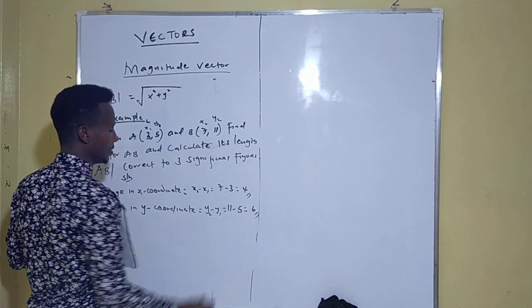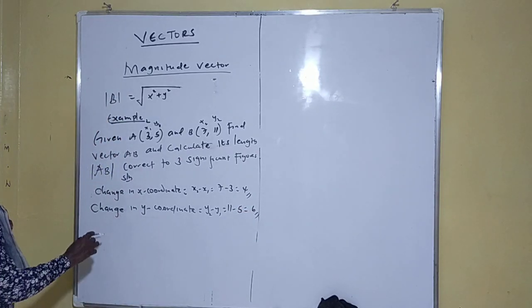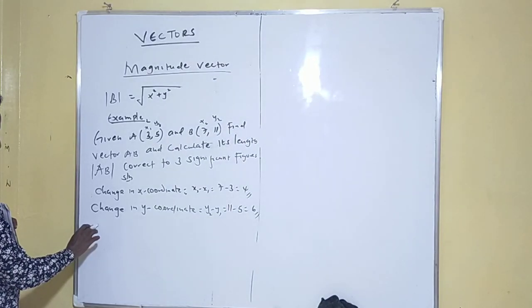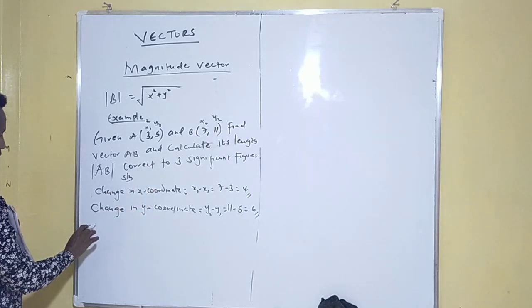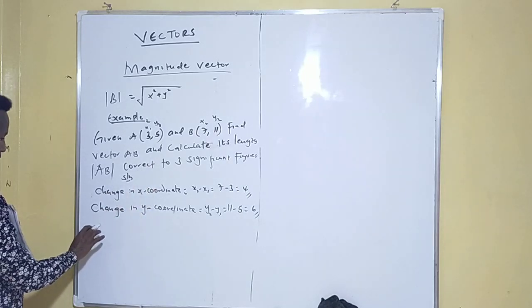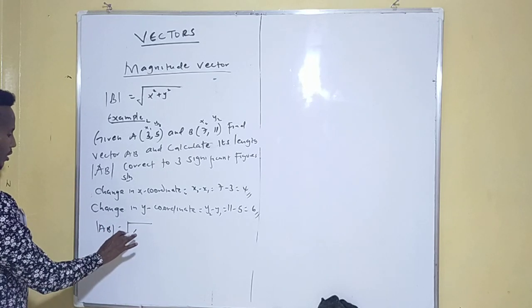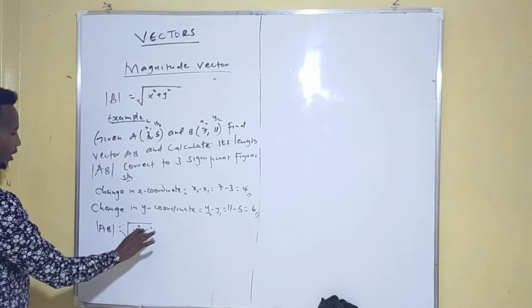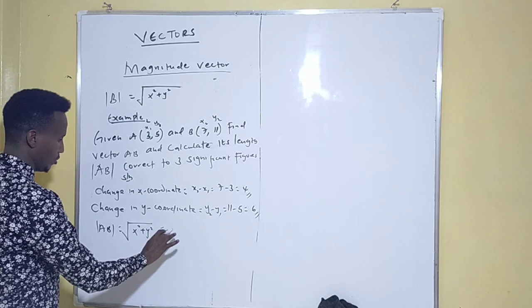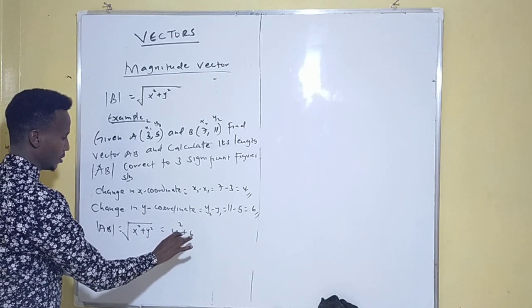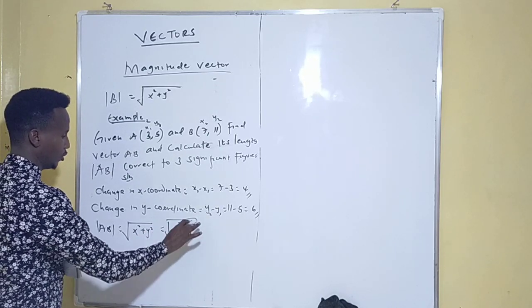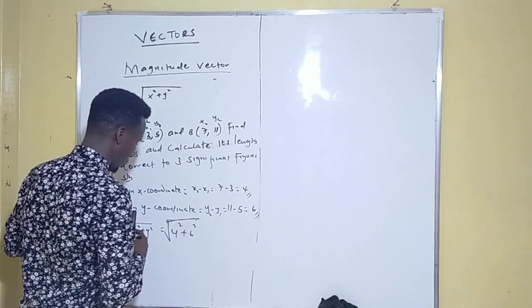So that will also give us 6. So our column vector now will be x, y. So we are going to get the magnitude of AB is equal to the root of x squared plus y squared, which is the root of 4 squared plus 6 squared, okay? So that will give us how much?